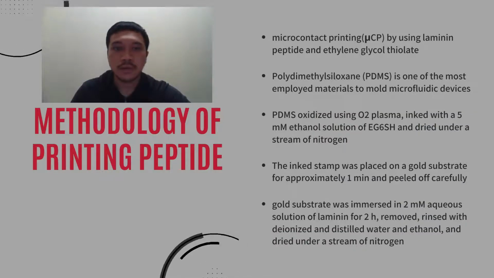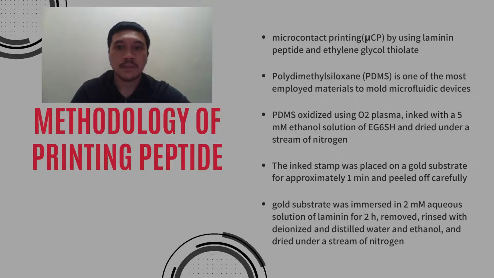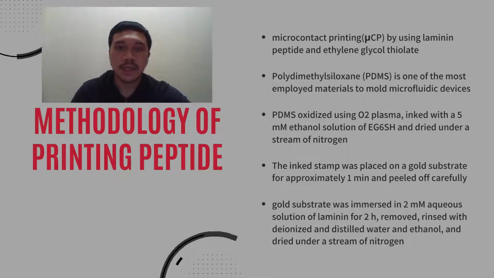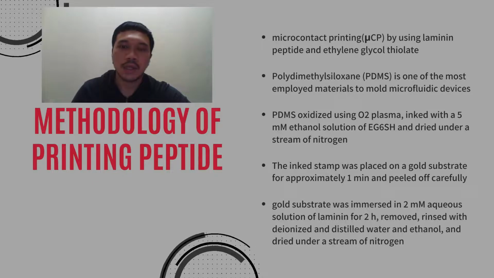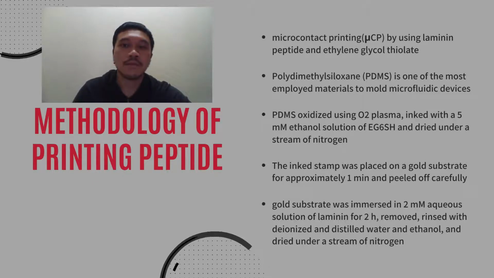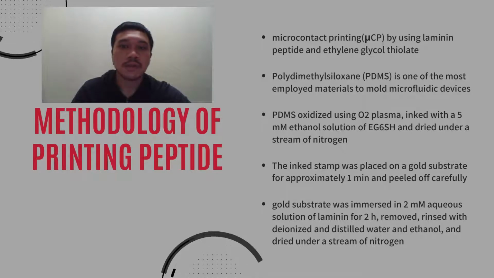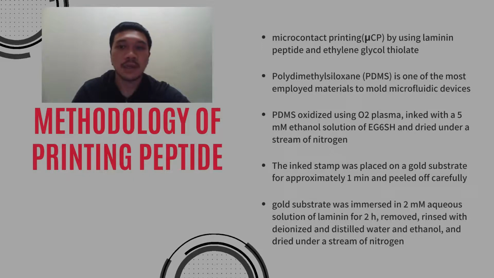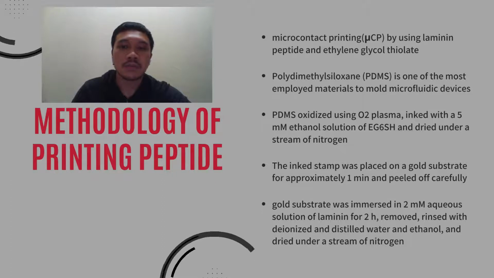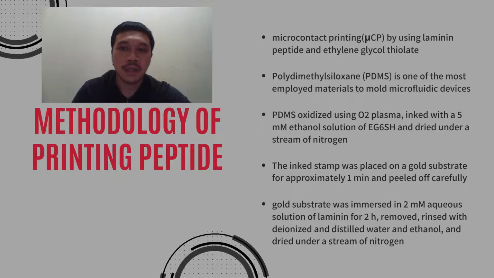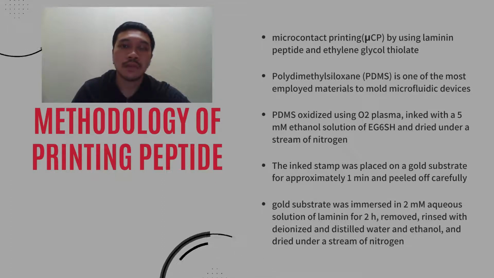So now we proceed to the methodology of printing peptide. We are using micro-contact printing by using laminin peptide and also ethylene glycol thiolate. PDMS is also used, which is one of the most employed materials to mold microfluidic devices. PDMS is first oxidized using O2 plasma, inked with a 2 millimolar ethanol solution of ethylene glycol thiolate, and then dried under a stream of nitrogen.